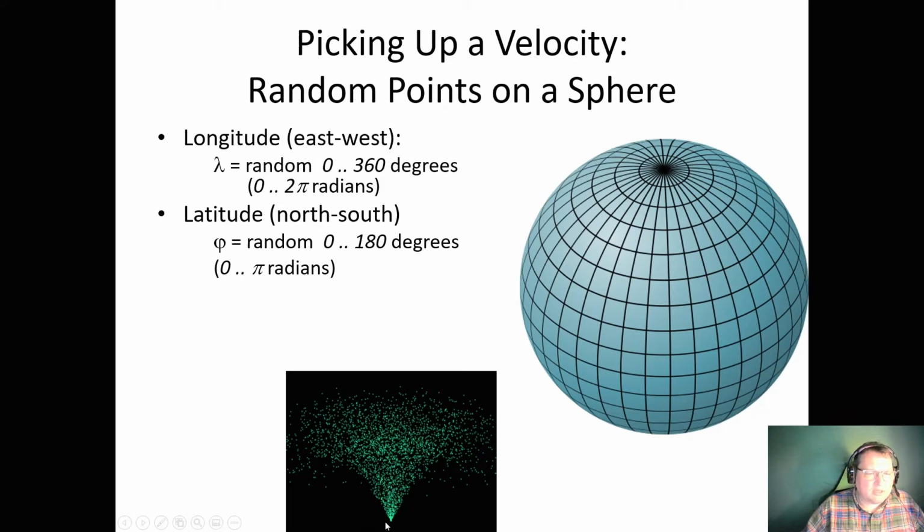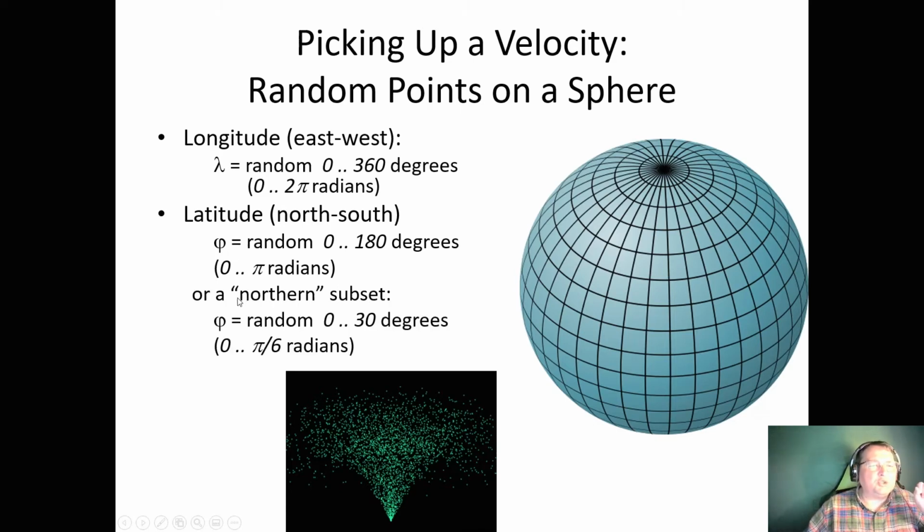There is a borderline here, and this borderline is actually 30 degrees away from the 0 position. So for the phi, for the latitude, this is the Greek letter phi, by the way, we are looking for a so-called northern subset, so a random value between 0 and 30 degrees, so it's between 0 and pi over 6 radians.